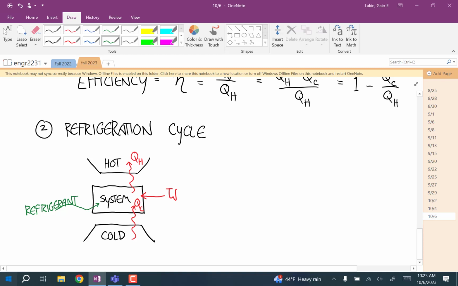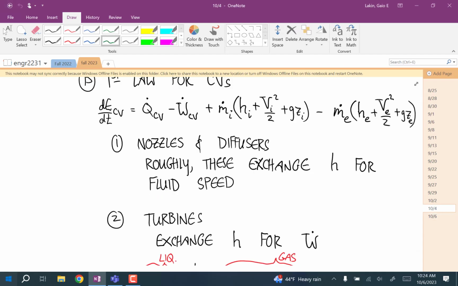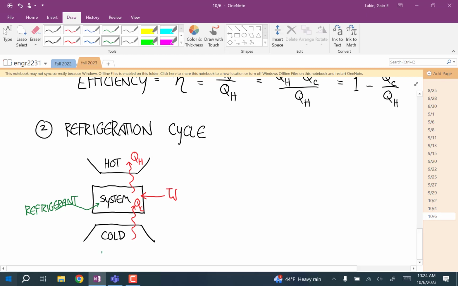Now it goes past the cold reservoir, and since it's cooled down, it can pick up energy from the cold reservoir, which is where your popsicles are. This is the room. So it gets that energy, then it's compressed again, and through that cycle, it just keeps ejecting energy to the hot reservoir, to the room, and taking energy out of the cold.